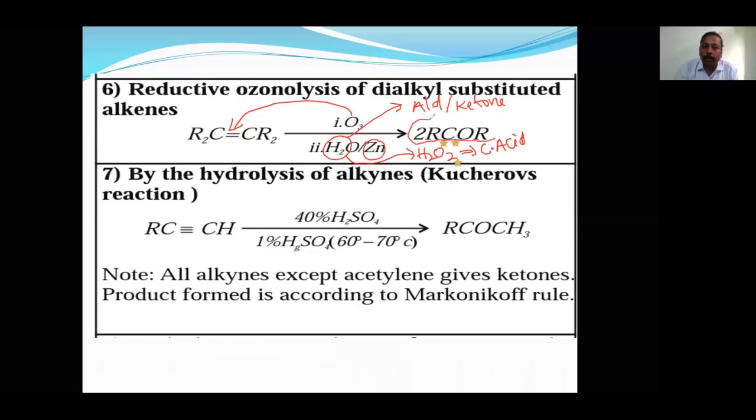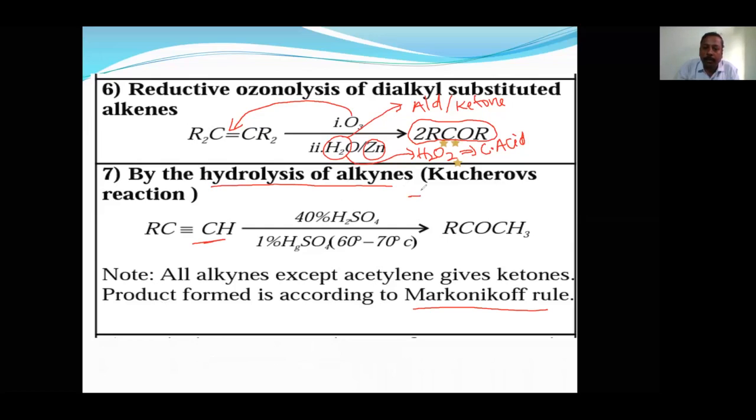Now let us see the next: by the hydrolysis of alkynes. Here the alkyne should be terminal. If it is terminal, then we will use the Markovnikov rule. What is the Markovnikov rule?